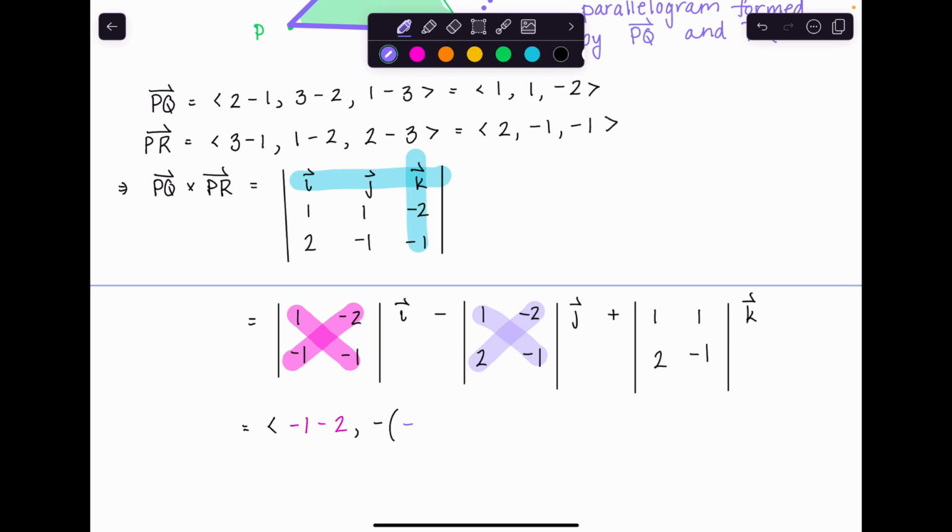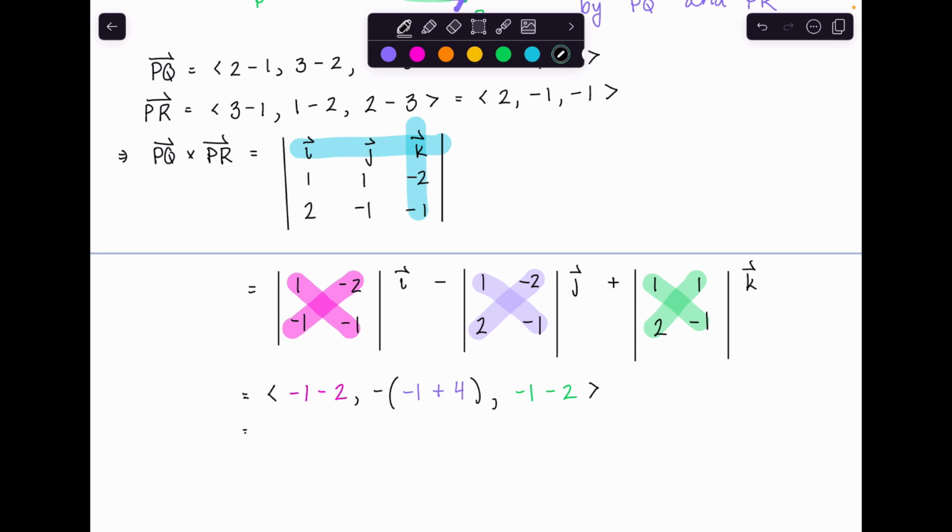So 1 times -1 is -1. Then minus 2 times -2 gives me a -4, so that becomes plus. And then in the last one, multiply, subtract, multiply. So 1 times -1 is -1, and 2 times 1 is 2.